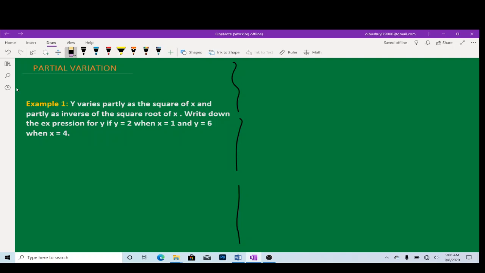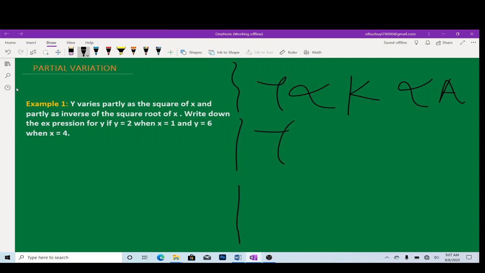For example, y varies partially, or is partially constant.